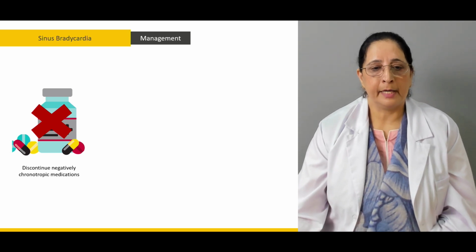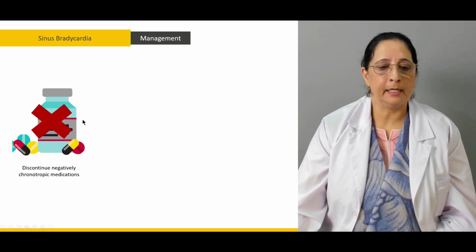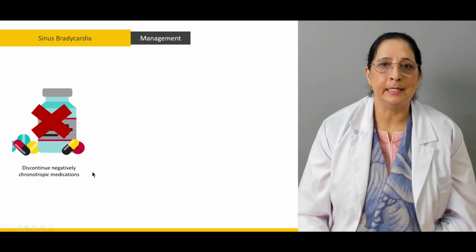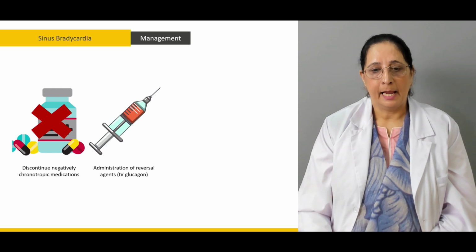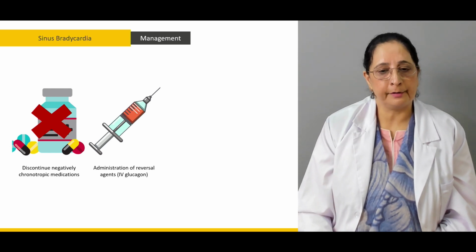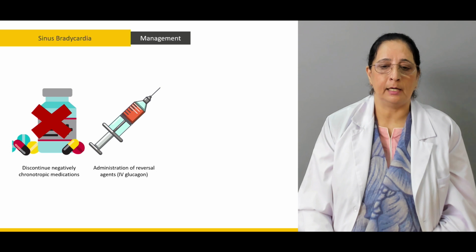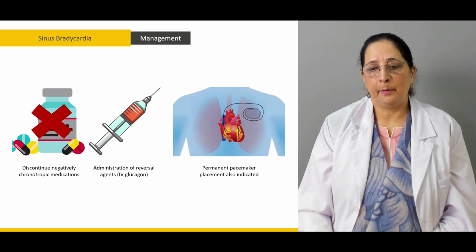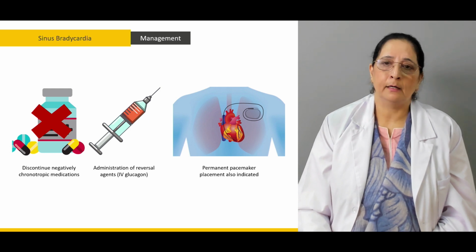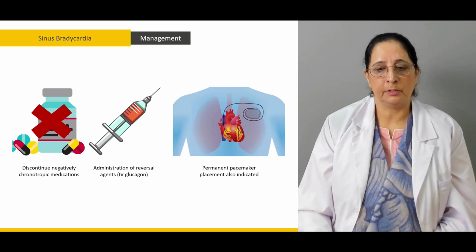So with sinus bradycardia, we should discontinue any negatively chronotropic medications. Administration of reversal agents like IV glucagon, and a permanent pacemaker is also indicated.